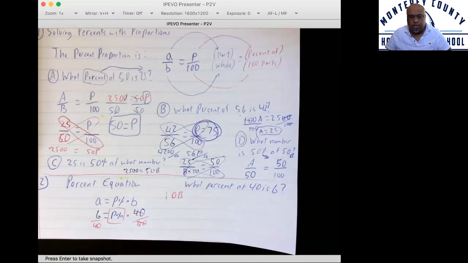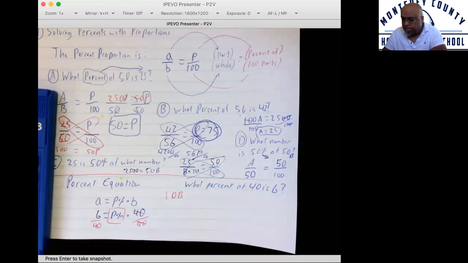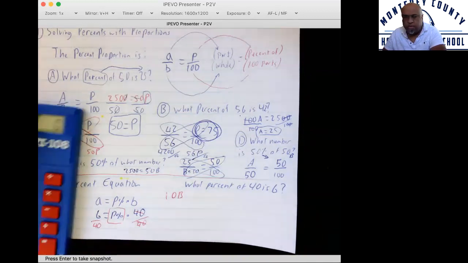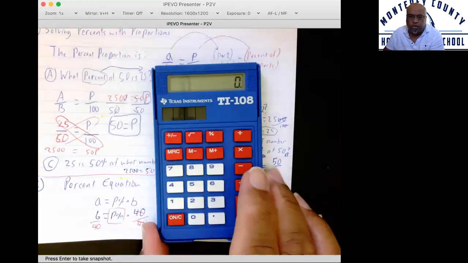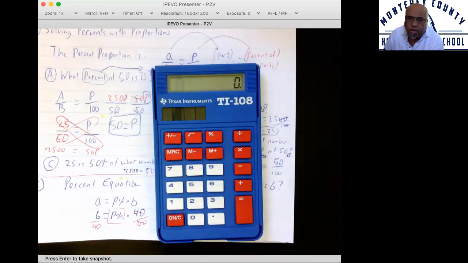Now I have a problem here. 6 is small and 40 is big. I don't like to divide that way. So this might be a time you can use your calculator. It won't hurt to do it the long way, but again, I'm teaching algebra. I'm not so focused on teaching arithmetic.